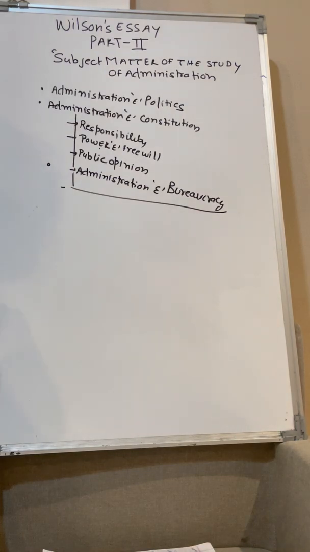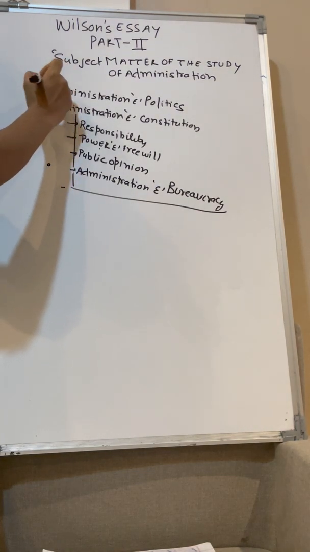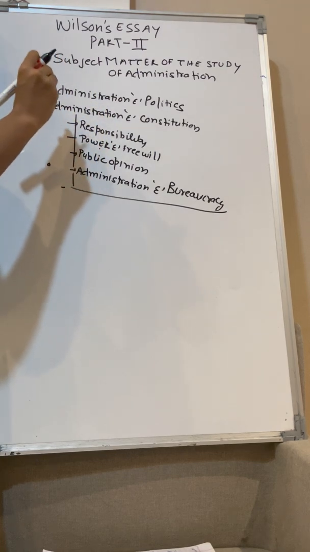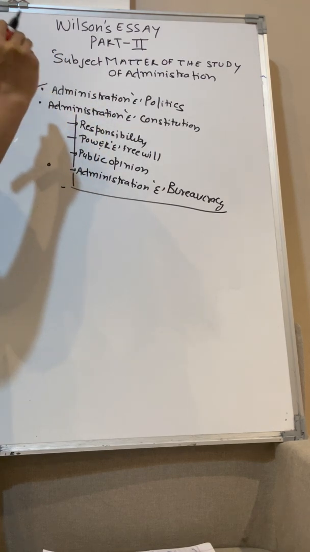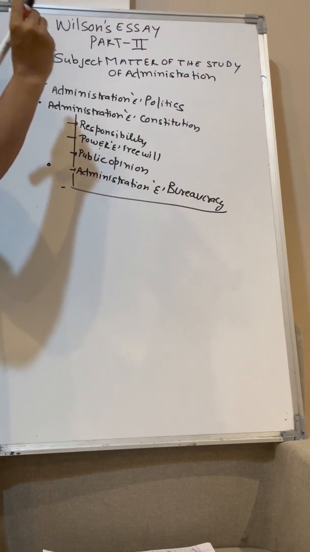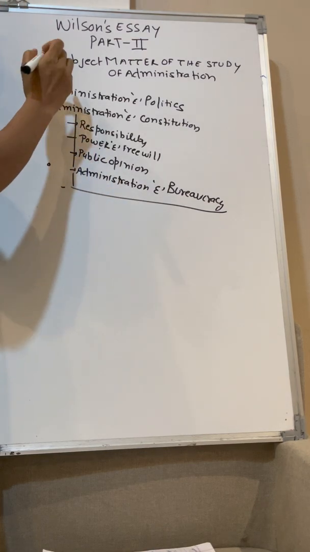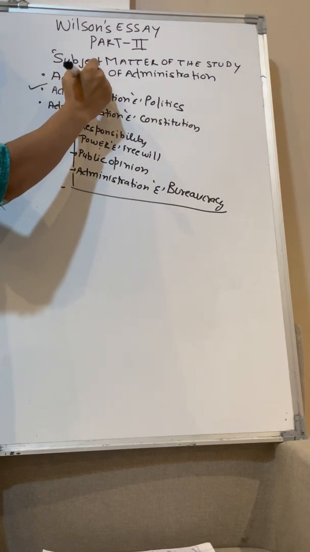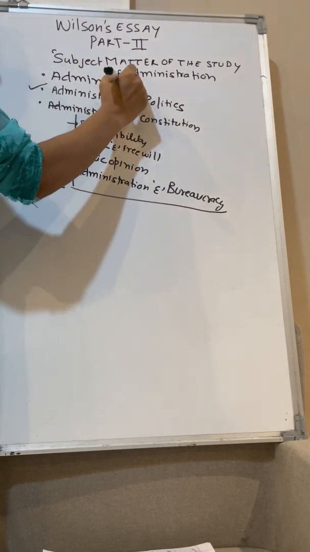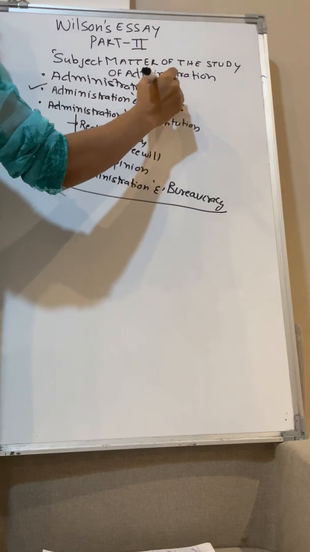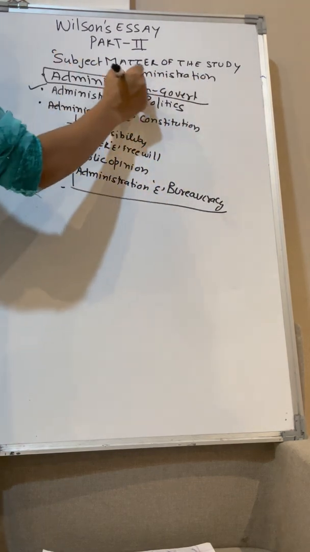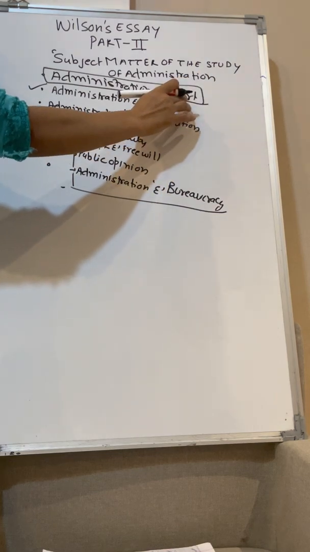Okay, so let's start with this first. If you are asked to write about Wilson's view on administration, you need to add one more point, that is his view on the relationship between administration and government. He has already mentioned this in the very first part of the essay.